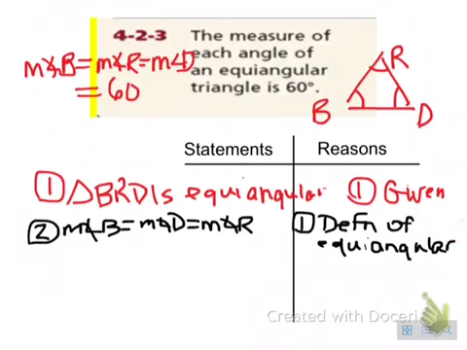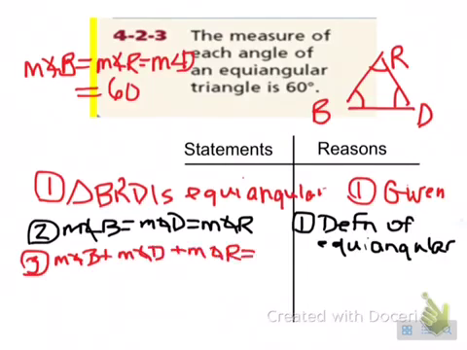So statement 3, I know if all the angles are equal, I could say the measure of angle B plus the measure of angle D plus the measure of angle R all equal 180 because of the triangle sum theorem that we proved first today.